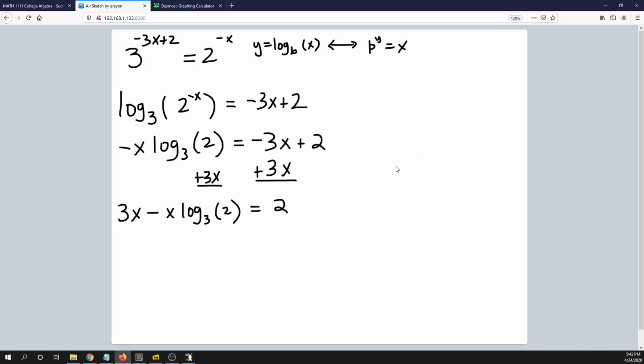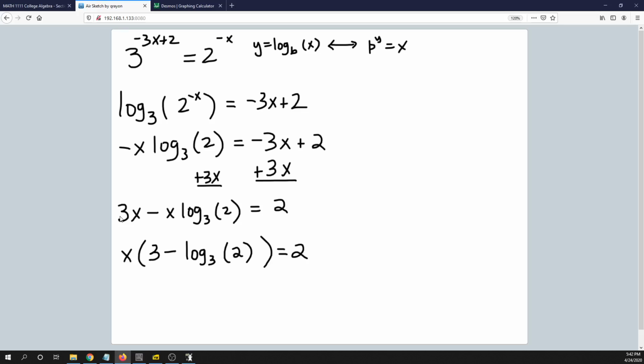All right, but I do have all of the x's on one side, all the non-x's on the other side. So the purpose of getting it like that is, even though I can't combine those, I can factor out the x. It's common, right, to both of those terms, the 3x and the x log base 3 of 2.